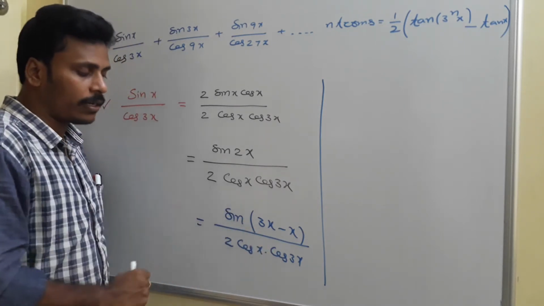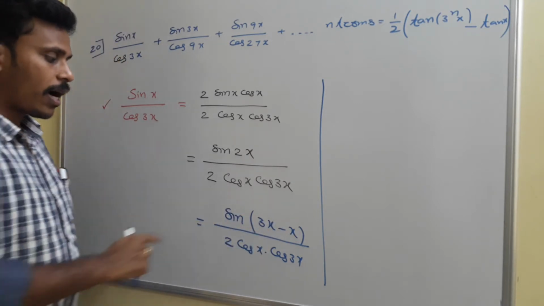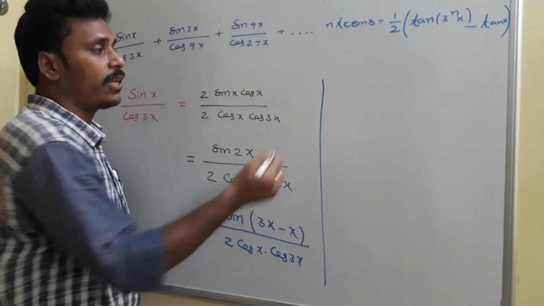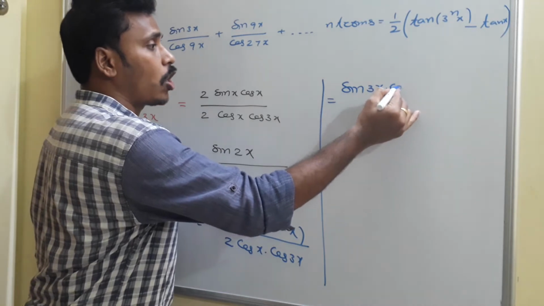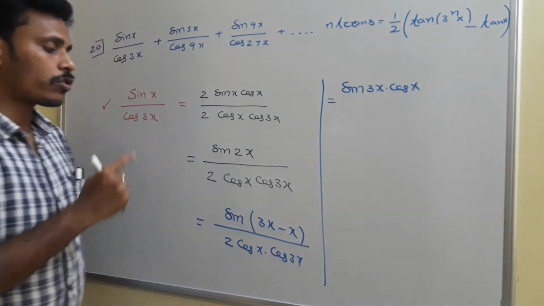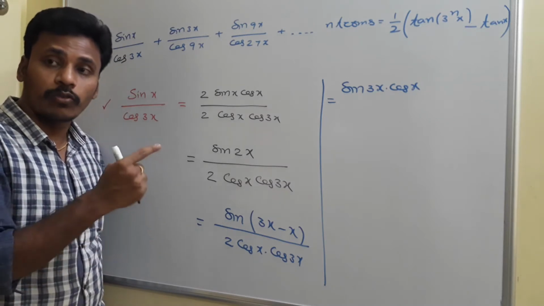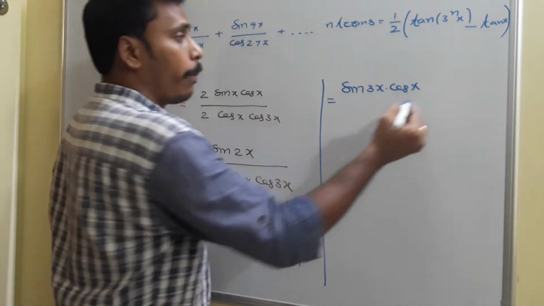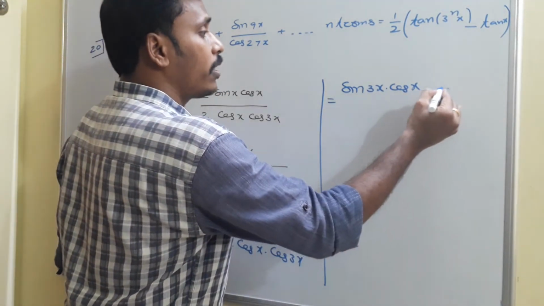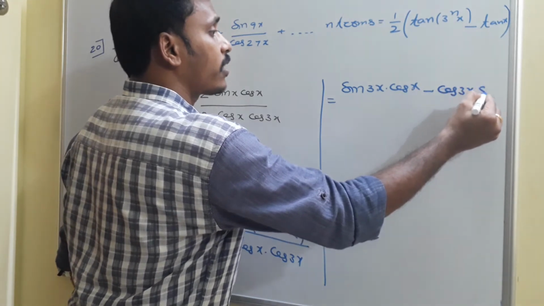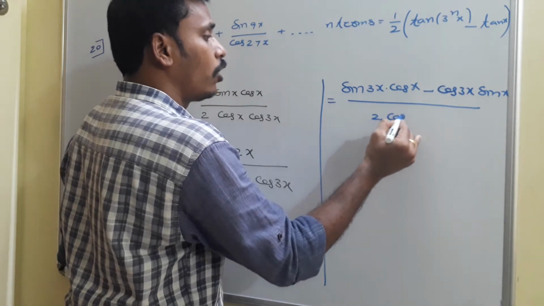Now look at the numerator. It is of the form sin of a minus b. Is it right? Right. And that sin of a minus b can be written as sin a cos b minus cos a sin b. So sin of 3x minus x is sin 3x into cos x minus cos 3x into sin x, and this is divided by 2 cos x cos 3x.